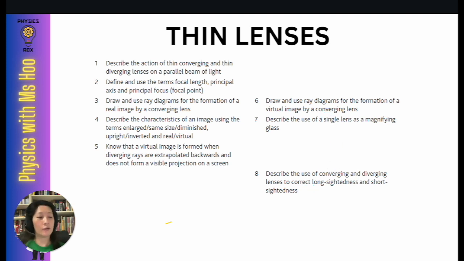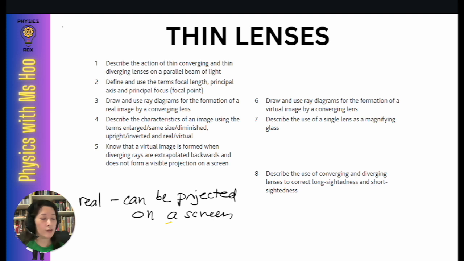So of course, to answer all this, it helps if you know how to draw. We'll get to the drawing in a moment, but just to remind you, in terms of real and virtual, remember that real images can be projected on a screen. In fact, this is the definition. So if you were asked, why is an image a real image? The answer is, it can be projected on a screen. So that's what you write.